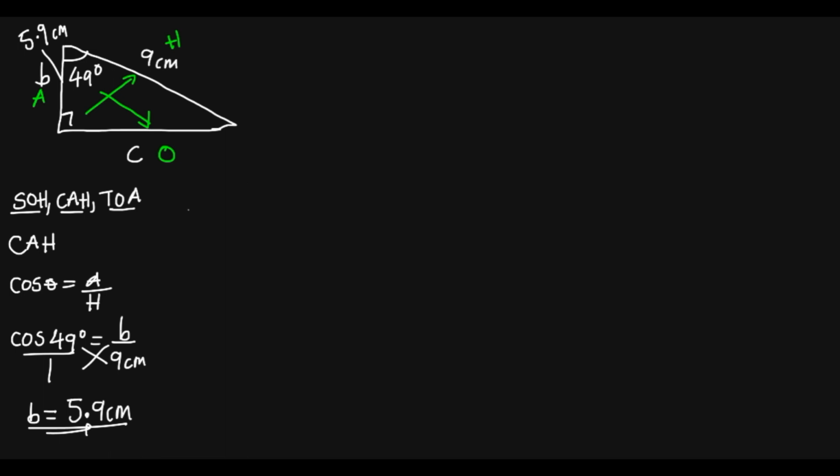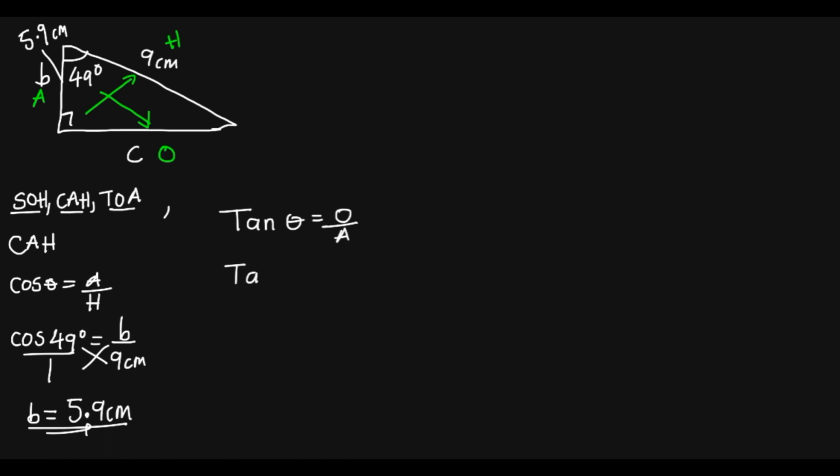Now from there let's solve for the opposite, which is C. So from there the TOA part can also be applied. So let's use the TOA. So this is tan theta is equal to opposite over adjacent.